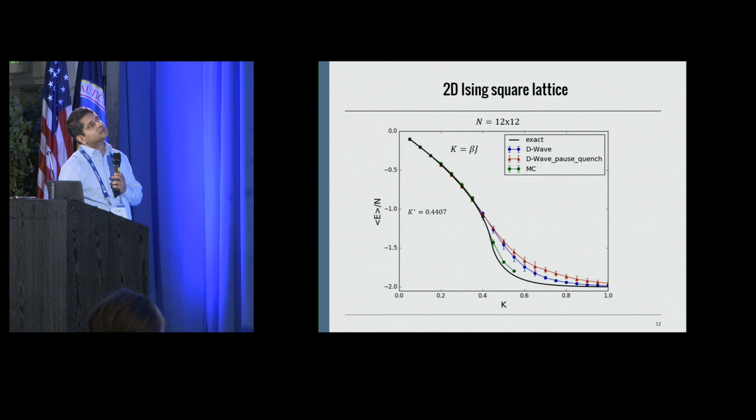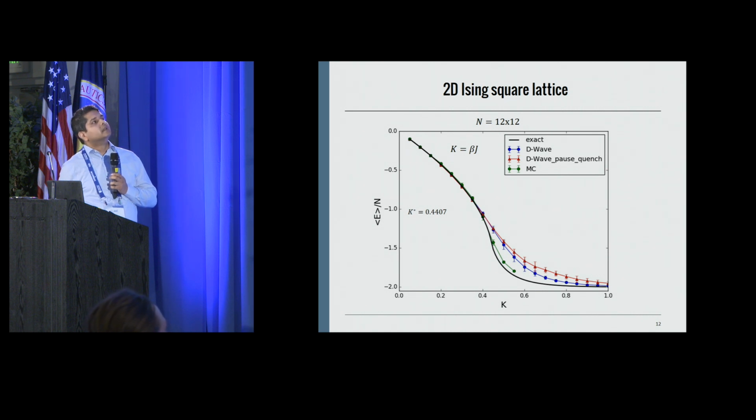Before the critical point, you see all these curves following each other in good agreement. But after the critical point, you start seeing the D-Wave samples falling off and getting away from the exact expressions. Now, this is something which we do not quite understand yet, and any ideas are welcome here.